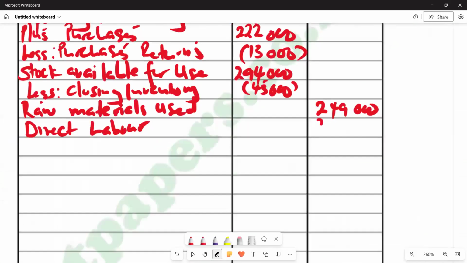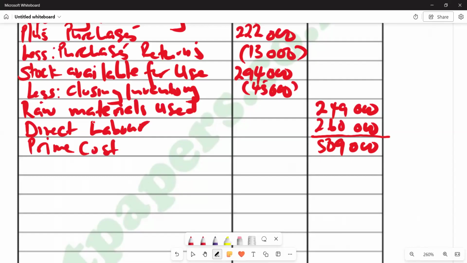Then we add the two, and you're going to get your primary cost, or we call it the prime cost, which is going to be 509,000. That means we have added the two, 249,000 plus 260,000.